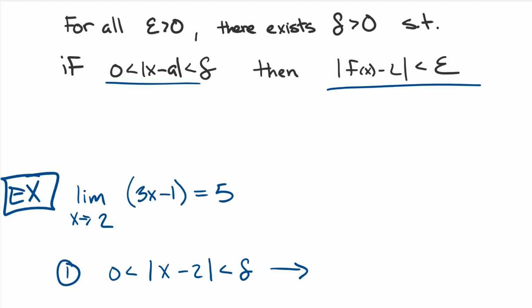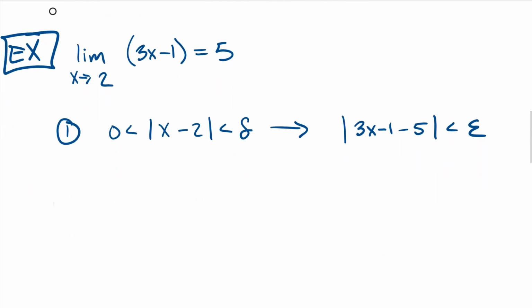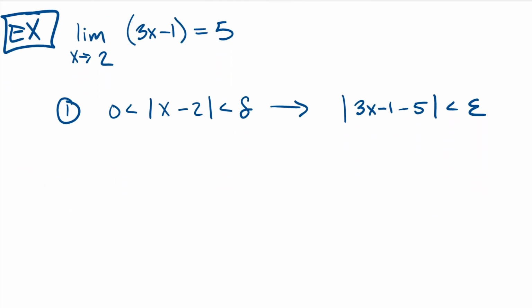Then I write an arrow, and let's say the difference between our f of x, which is 3x minus 1, and our L, which is equal to 5, is less than epsilon. So there we are. We're ready to go. We have our conditions written down on our example. So there's part 1. Now these will be a 10-point problem on your test. That would be worth 3 points right there. Not even writing the rest of the proof, you could at least get a 30% on it.